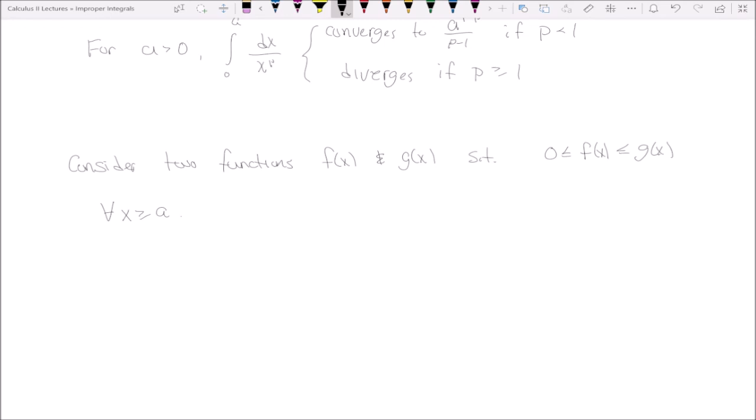What we can do is consider integrals of these functions over intervals of the form a to t, right? So we're going to consider intervals of the form a to t.